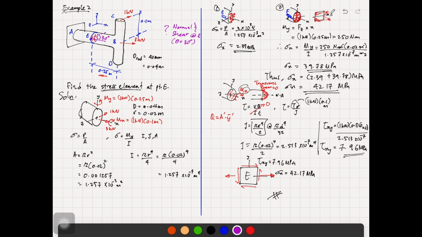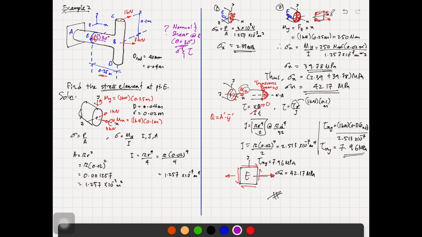But first of all, I'm going to use the very same example here, and you need to compute sigma and tau when we have a 30 degree angle. This is what stress transformation is all about. In the chapter after that, we're going to learn strain; wherever we have stress, strain comes along, so we're going to cover that as well.